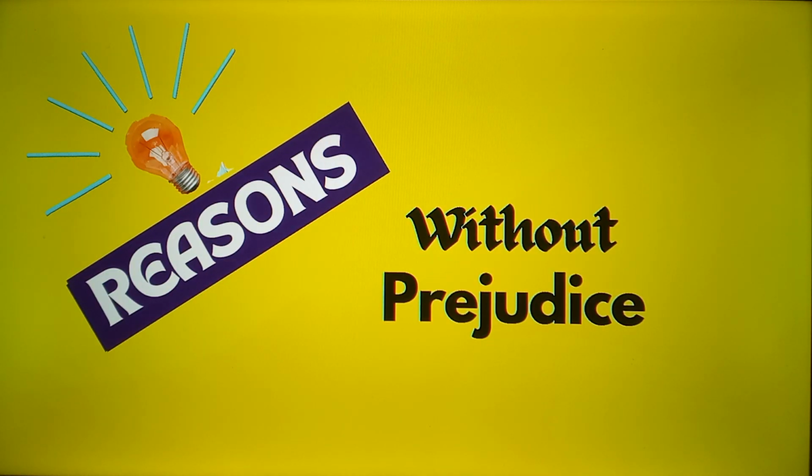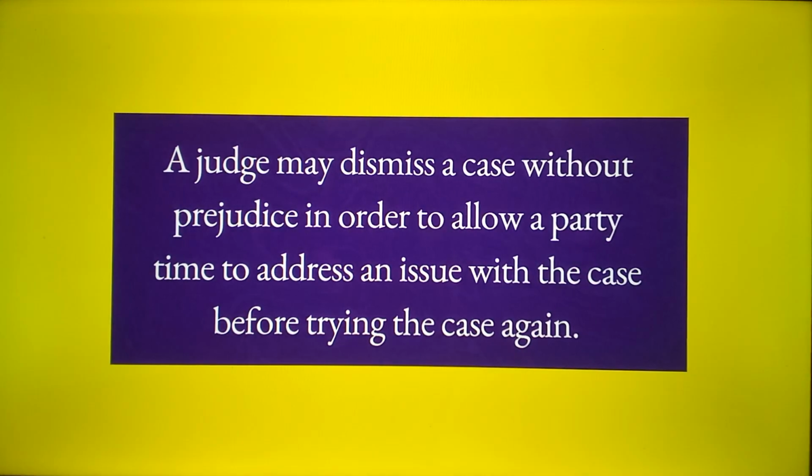Now let's look at some reasons why a case might be dismissed without prejudice. A judge may dismiss a case without prejudice in order to allow a party time to address an issue with the case before trying the case again. Now, that doesn't mean that the judge's grace is extended indefinitely.